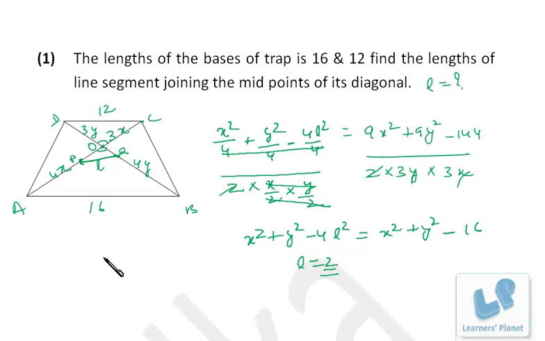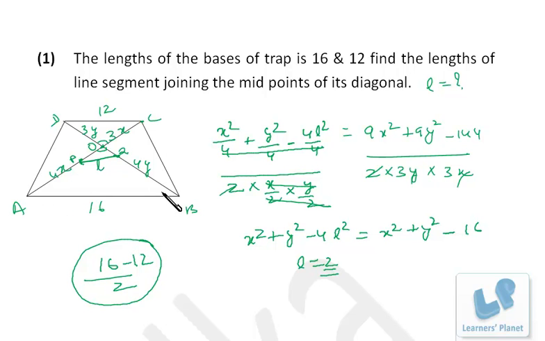So you can use this as a formula also. The distance between the midpoints of the diagonals is this minus this by 2, right? 16 minus 12 by 2. And I have done the derivation also for you, right? You can do it this way, or you can use the formula directly, right?